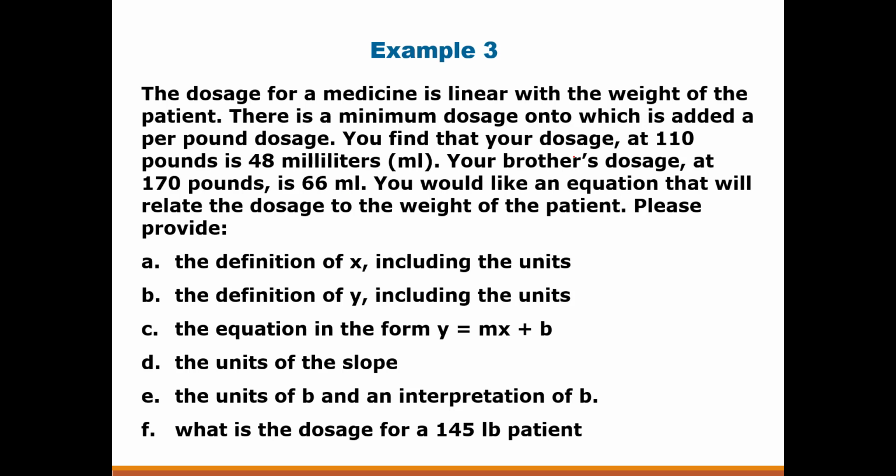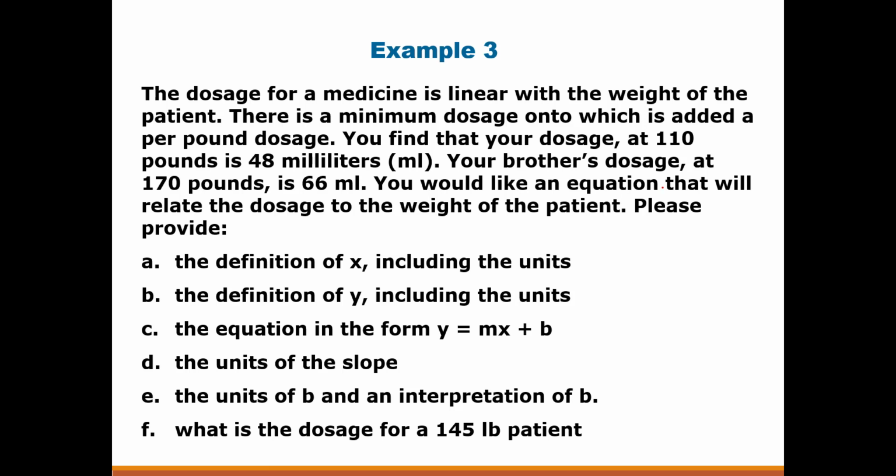We would like to have an equation that will relate the dosage to the weight of the patient, providing the following things: definition of the x, including the unit, definition of the y, including the unit, equation in the form of y equals mx plus b, the units of slope, and the units of the y-intercept b, and interpretation of the b. And what is the dosage for a 145-pound patient?